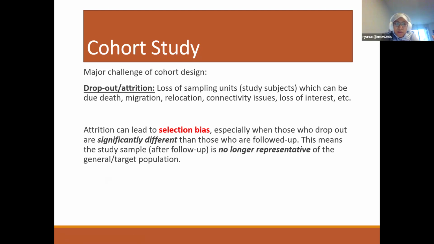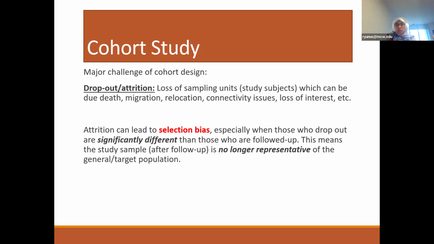It can be death, obviously. When you look at a group of people and you follow them up over 10 years, for instance, some of them might fall sick, some might get the outcome and die, some might die due to other reasons, some might migrate or relocate. And nowadays, since we rely a lot on internet and phone connection, you might lose connection with them.